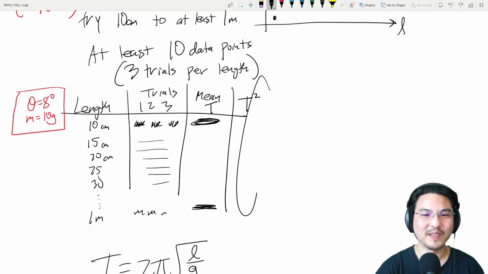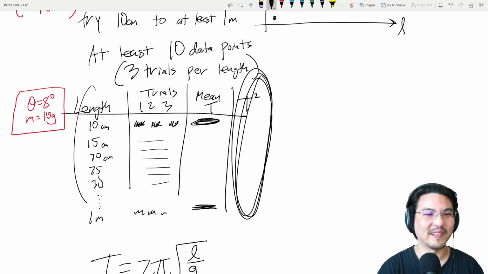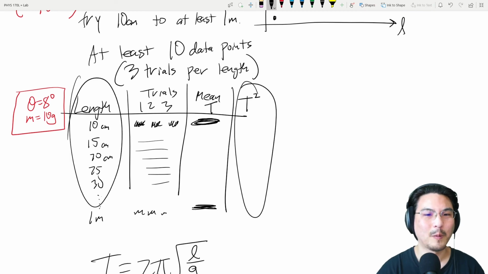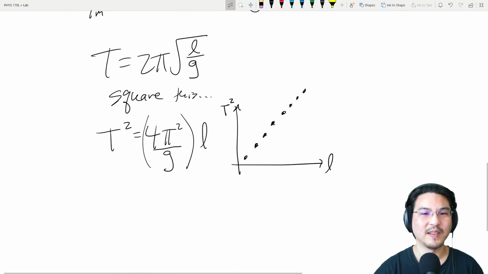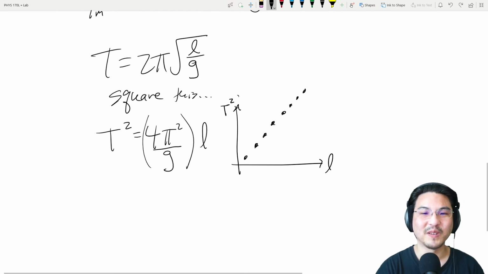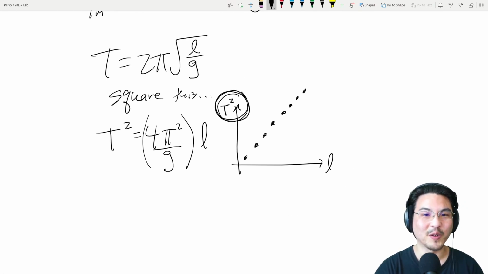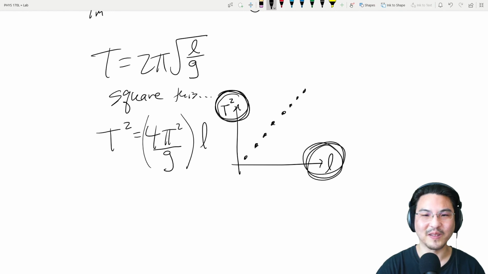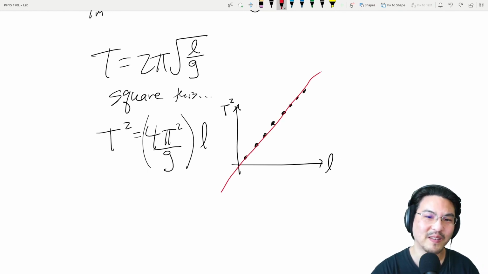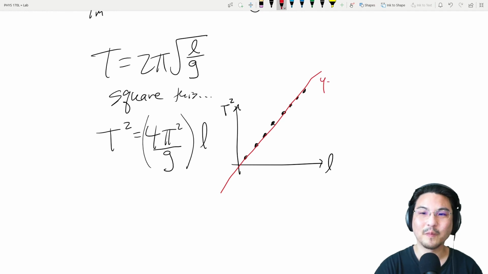And then you graph T squared and length. T squared versus length. And then you get a graph that looks like this. And then make sure T squared is on the vertical axis and length is on the horizontal axis. And then you can do a linear fit, because now it's linear.